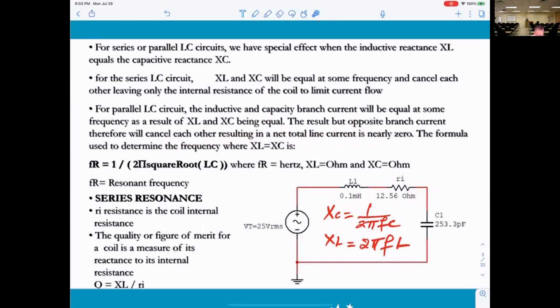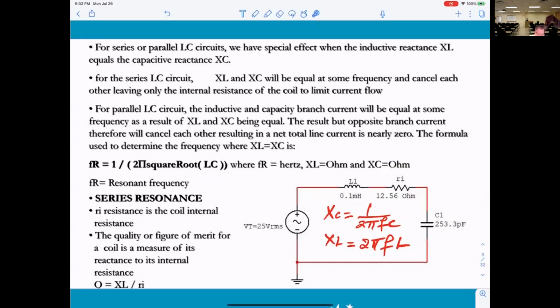The formula used to determine the frequency where XL equals XC will be FR equals 1 over 2 pi square root of LC, where FR will be in Hertz, XL in Ohm, XC will be in Ohm.